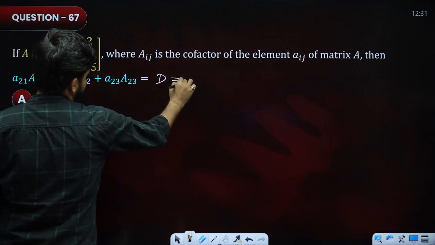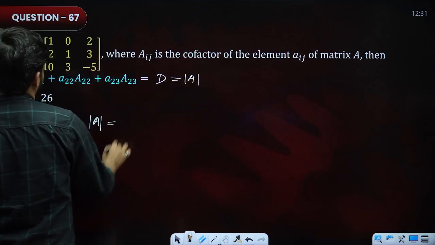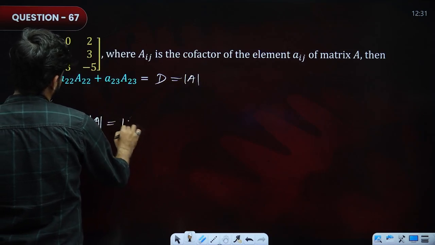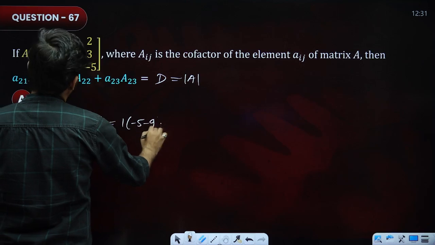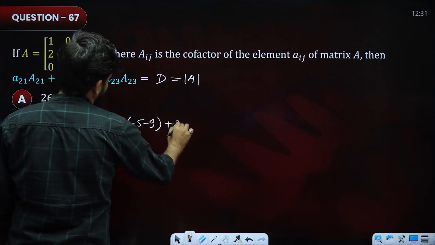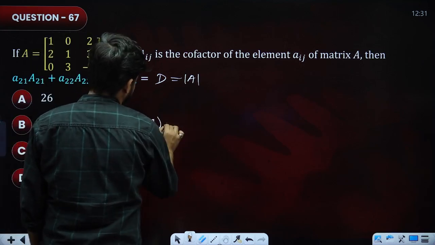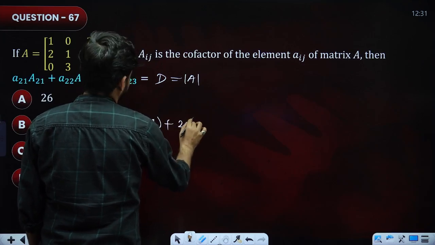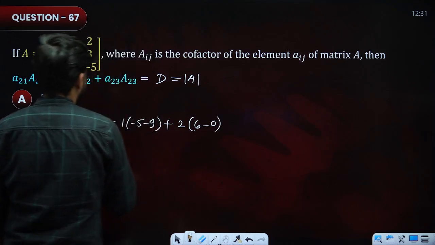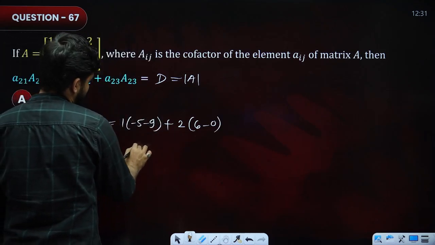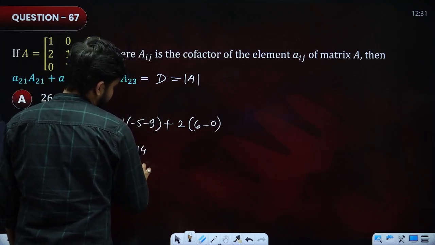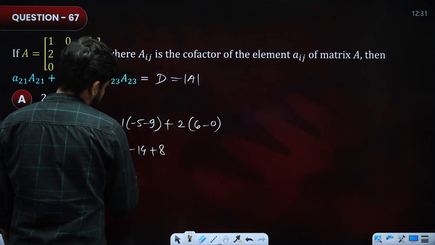Okay, so therefore we can write 1 into minus 5 minus 9, 0, plus 2 into 6 minus 0, this is equals to minus 14 and plus 8.